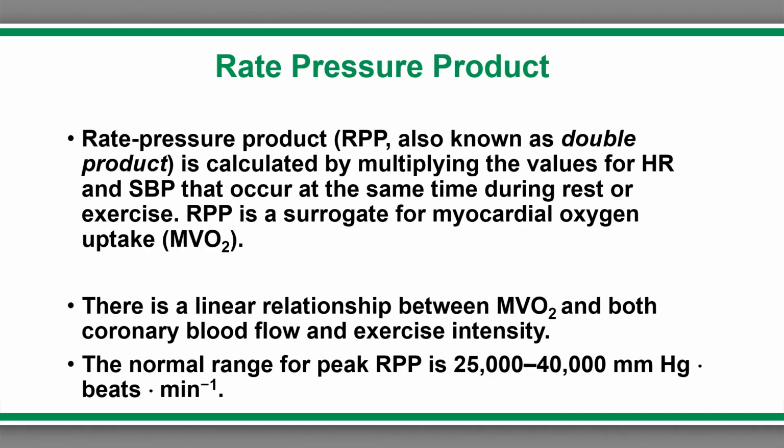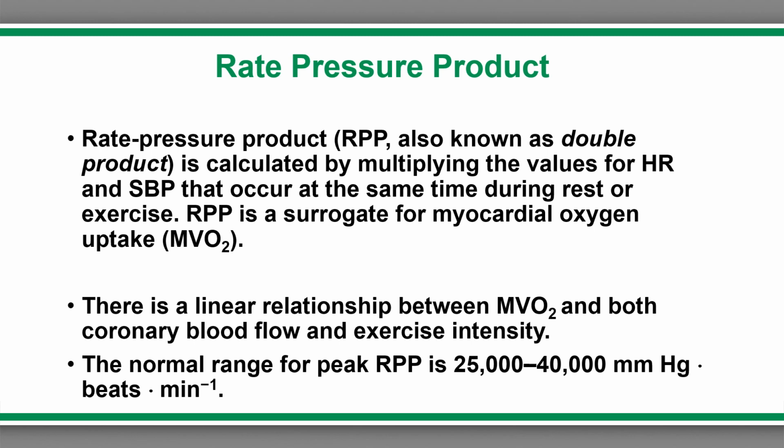The rate pressure product, also known as double product, is an indication of myocardial oxygen demand, and I wanted to mention to you that rate pressure product is something that we look at for our hypertensive responses. If you have heart rate times systolic number, you get an idea of how much oxygen the myocardium is requiring.